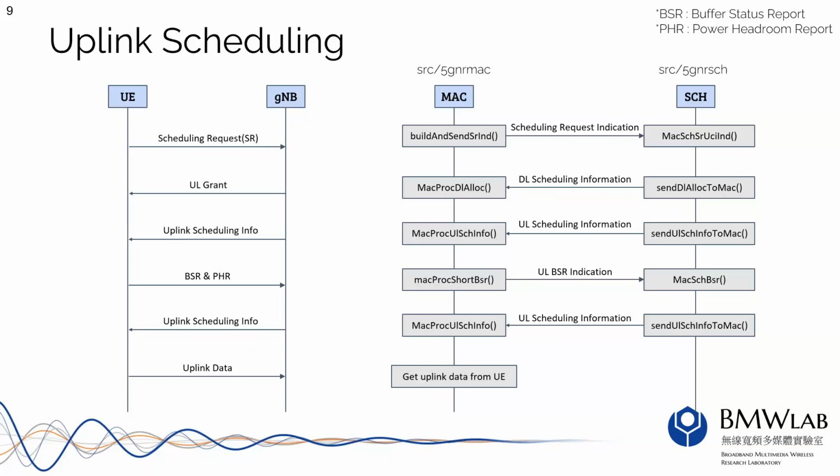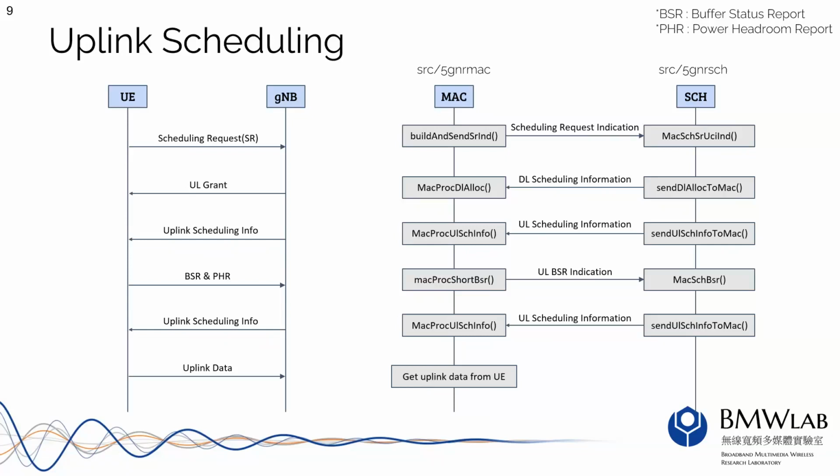Okay, after that, the gNB will send the uplink scheduling information to the UE, and the UE can transmit the uplink data according to this information from the gNB. But the gNB doesn't know how much data this UE wants to transmit.